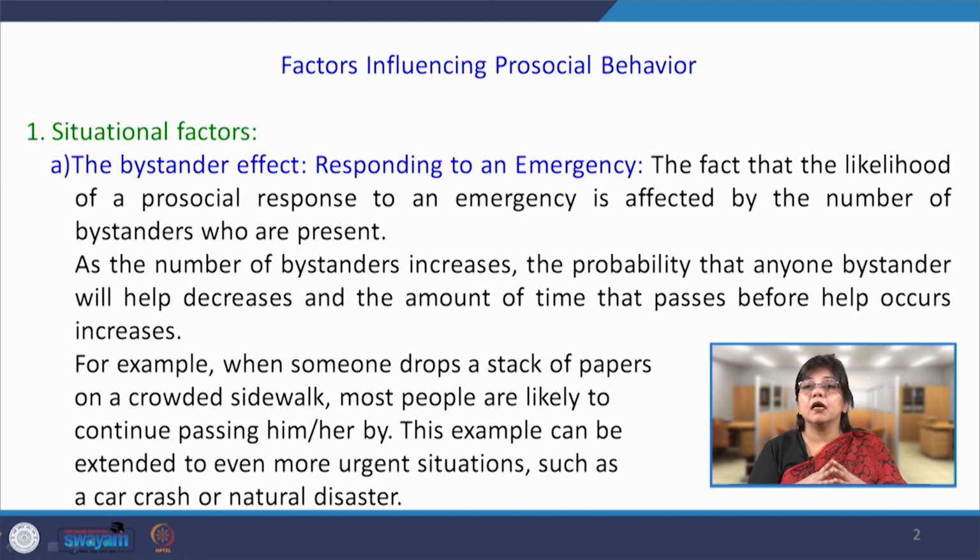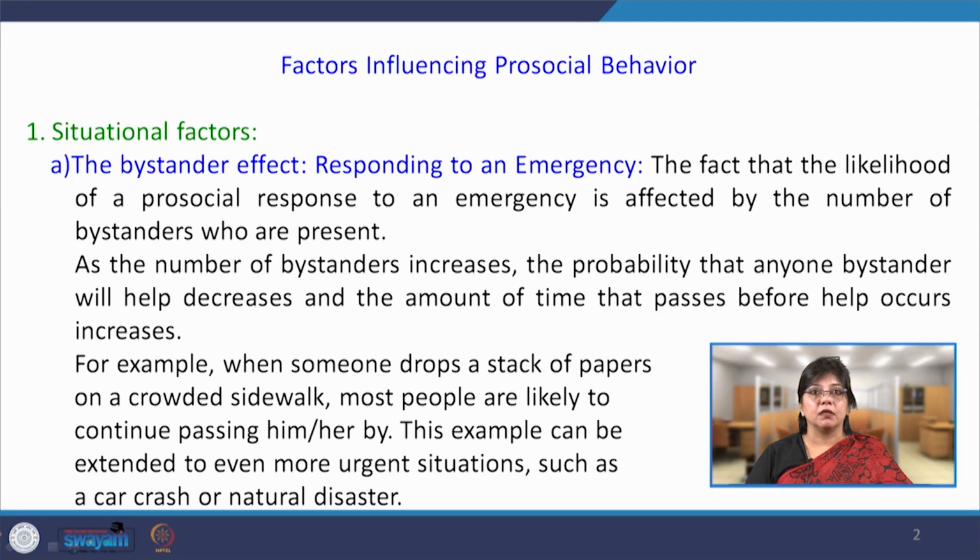The amount of time that passes before help occurs also increases. So, as the number of bystanders increases, the chances that help will come forward decrease, and as time passes, the help that does occur will also not come in time.